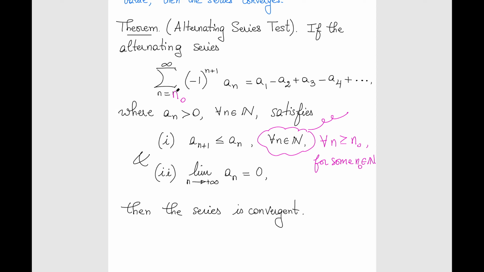Does it make sense? So my point is, if the sequence a_n is not entirely non-increasing, but it's non-increasing from a certain rank on, the same conclusion still holds, because if you run the same proof, but instead of starting at 1 you start at n naught, you show that this series is convergent.